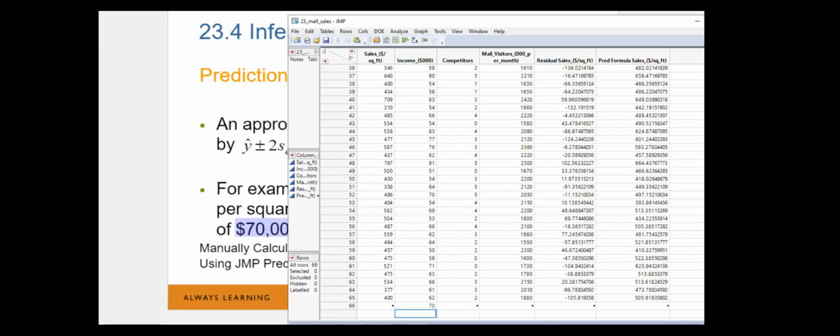Press enter. And still nothing because you have 2 IVs, 2 explanatory variables. How many competitors? 3. I'm typing down here. 70 and 3 are added. Press enter. You expect to see the value for the prediction formula down here. Estimation will be calculated.